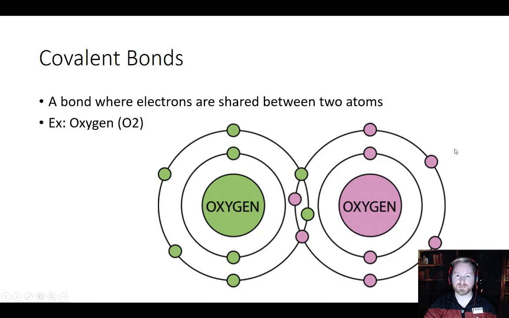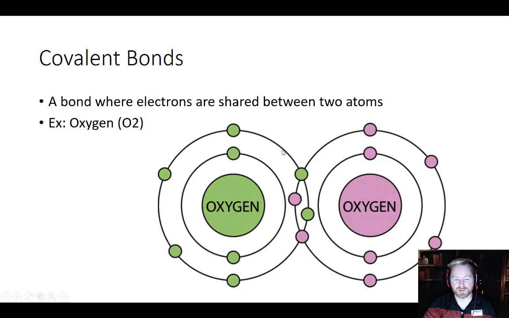But it's only missing 2, so it's pretty electronegative. It's going to want to take electrons and fill up that outer shell so it feels like it has a full outer shell. Well, another oxygen right next to it feels the same way. It needs 2 more to have a full outer shell. So what happens, they end up bonding together and they share their electrons.